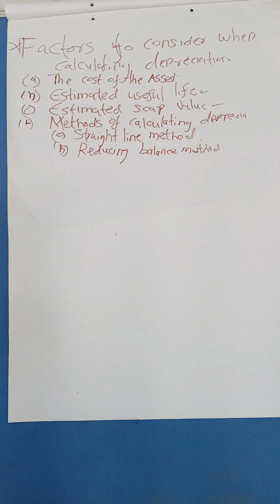Then let's go directly to the straight line method. In other books, it is also called the fixed percentage method, or the fixed installment method. All of them just mean the same thing.